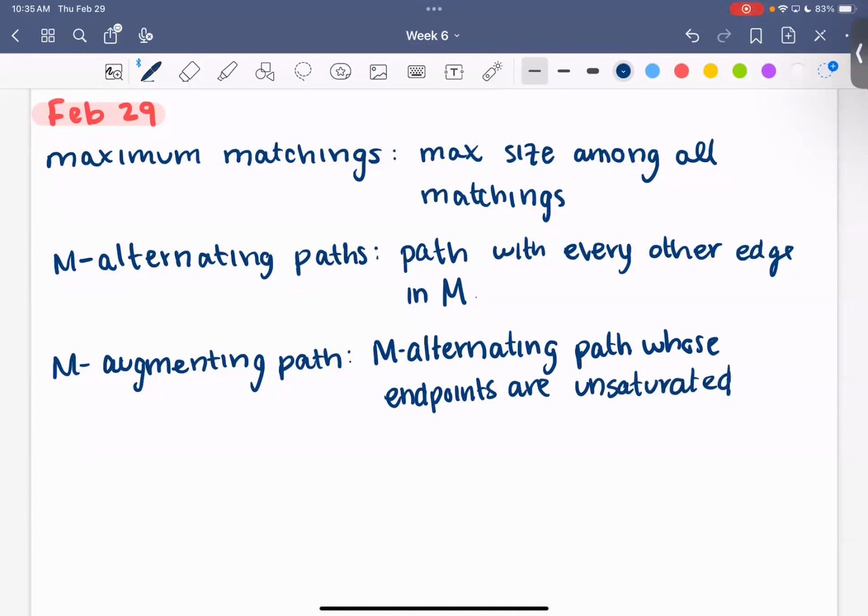The key example here is the path with 4 vertices and M just being the single edge in the middle.